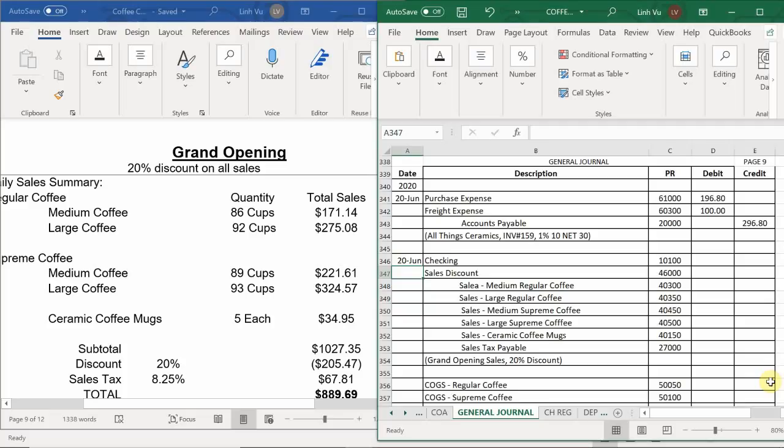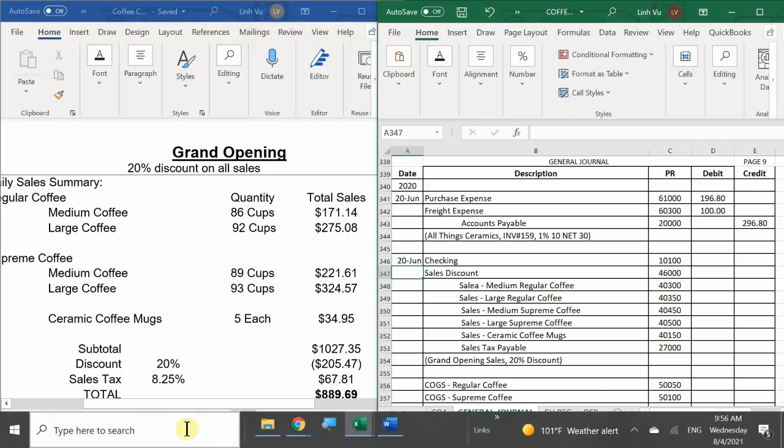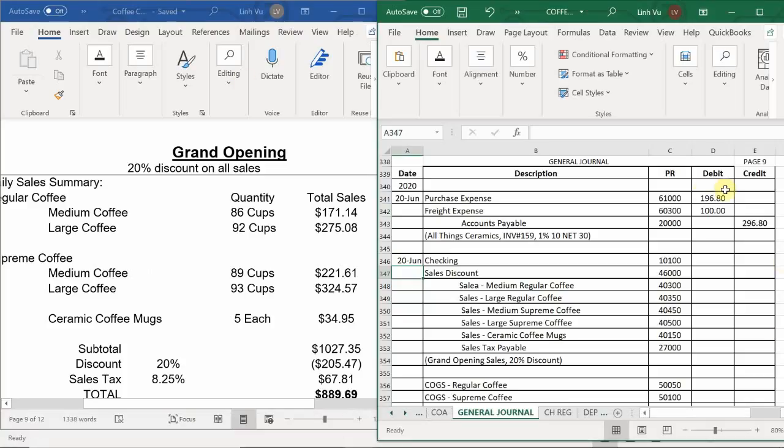Right. So there you go. That saved us a bunch of time. So all we now have to do is just fill out each account with the correct information. Okay. Starting off with the checking. How much should we be receiving from these in-store sales?